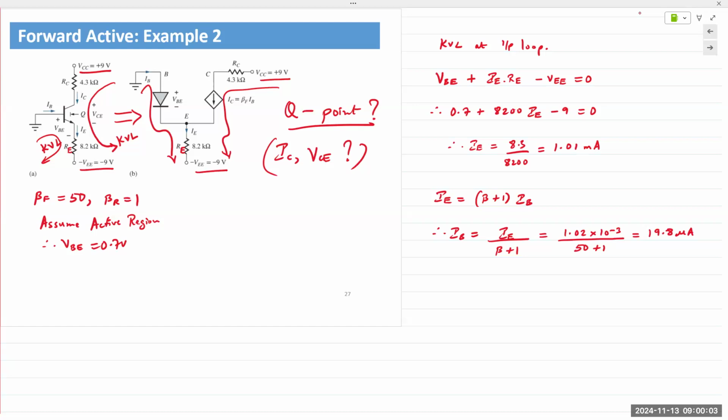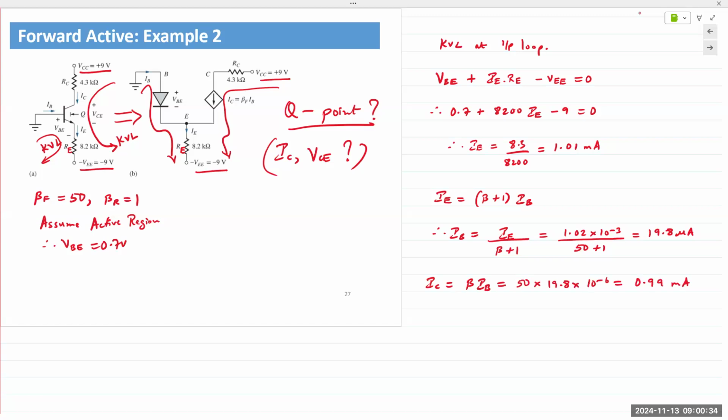All right. So then from IB, we can find IC. So beta times IB, and that's 50 times 19.8 times 10 raised to minus 6. That turns out to be 0.99 milliamps, which makes sense because IC again should be very close to IE, but slightly less than that.